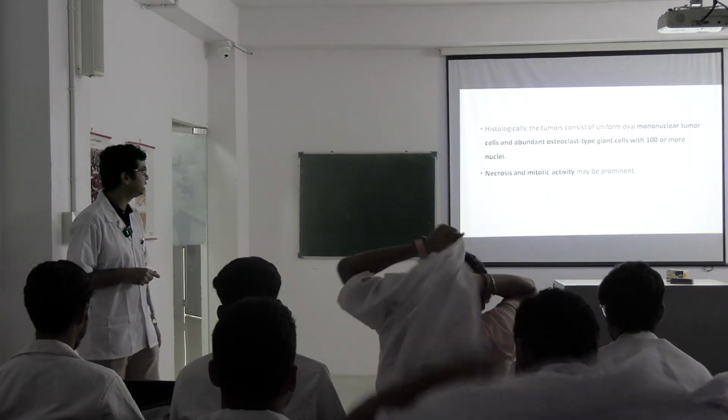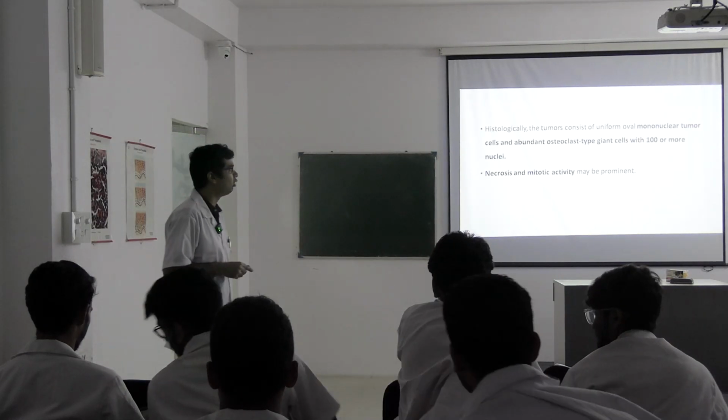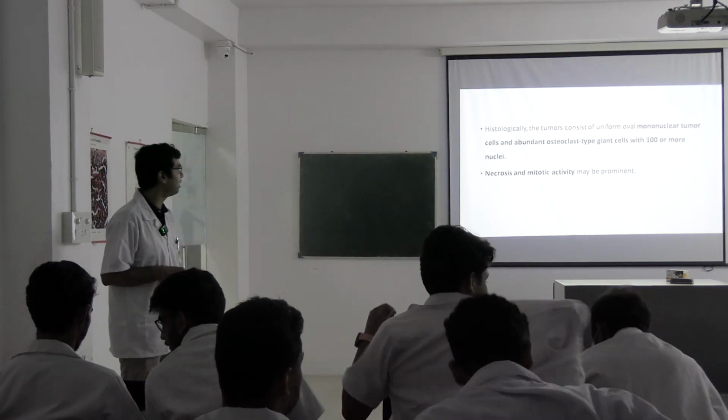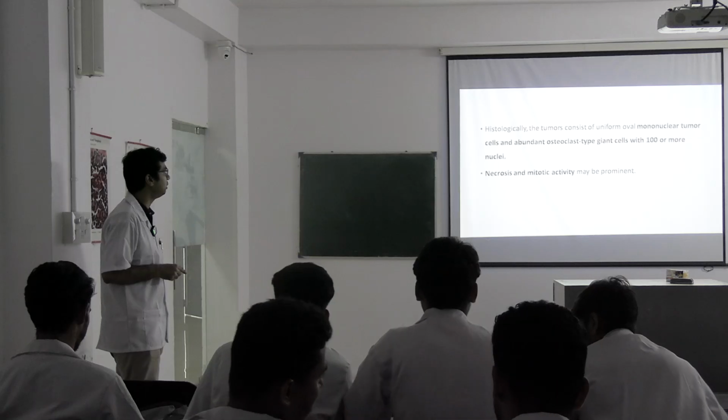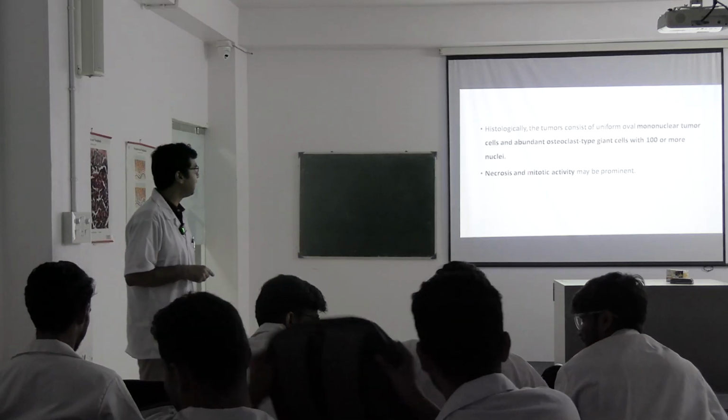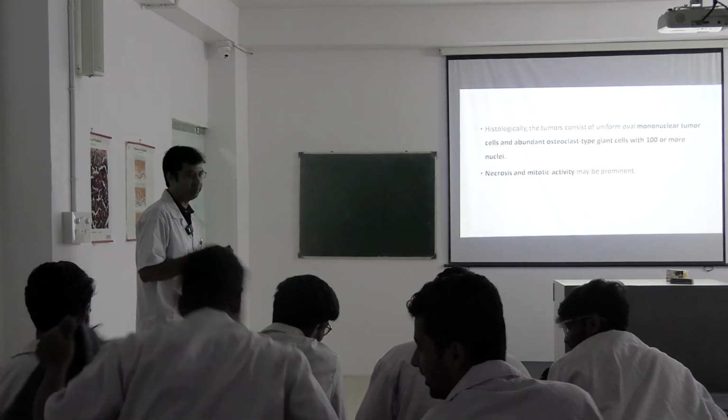Histologically, the tumor consists of uniform, oval, mononuclear tumor cells and abundant osteoclast-like giant cells with 100 or more nuclei. Necrosis and mitotic activity may be prominent.